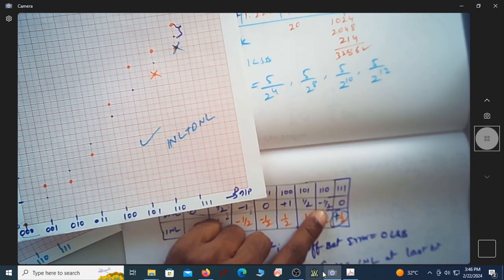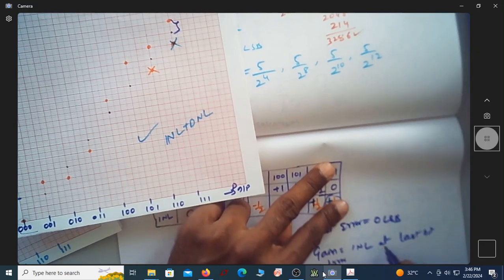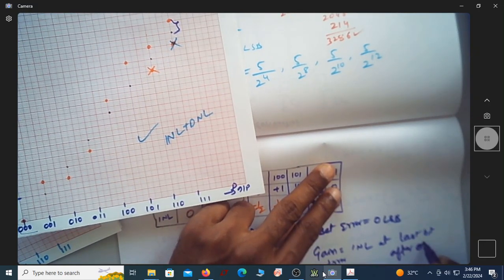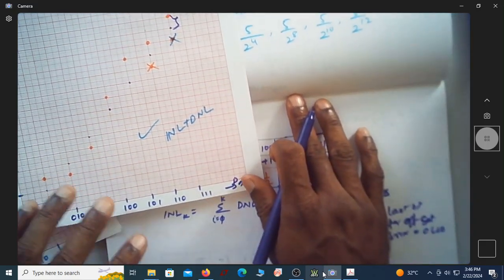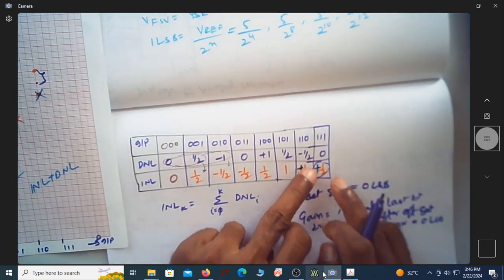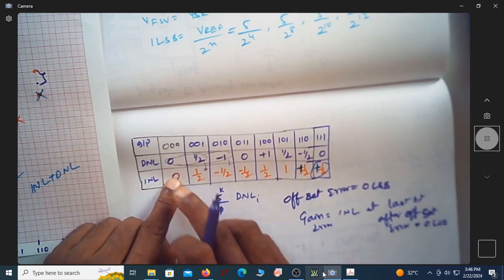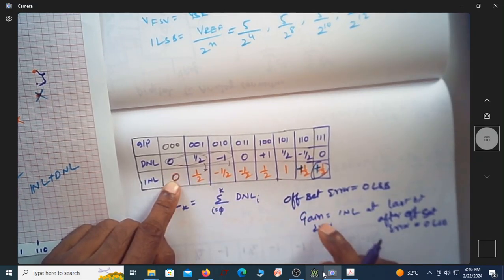Since the offset error is already 0 LSB, whatever the INL is will become the gain error.